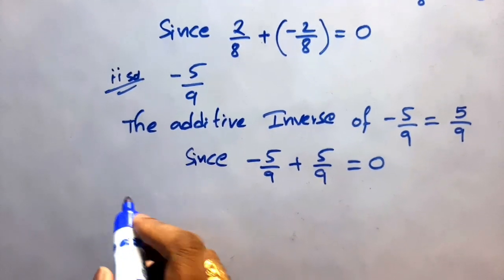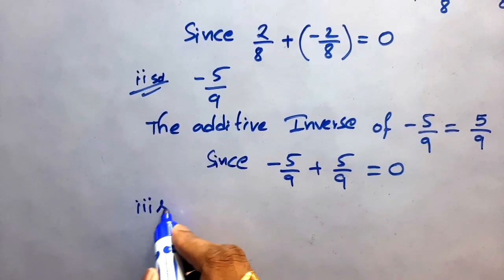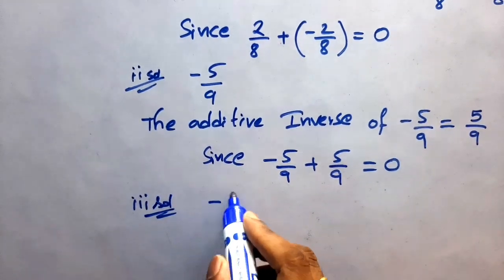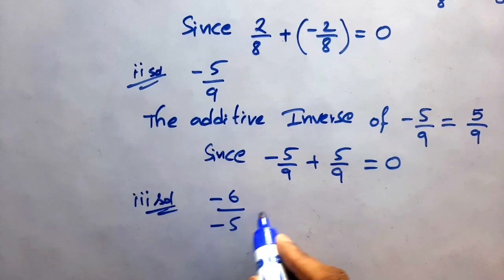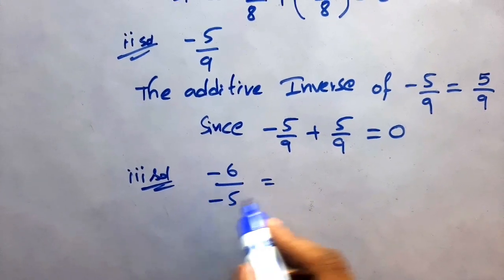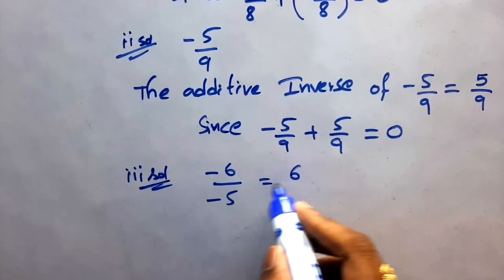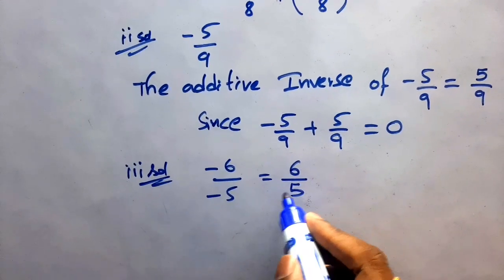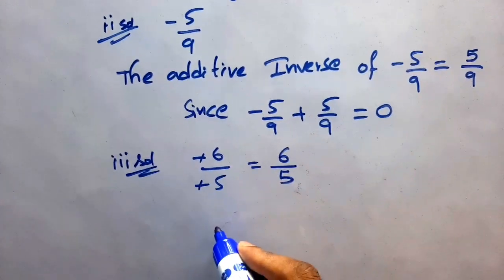Next, third one, see. Third one, minus 6 by minus 5. Here minus divided by minus gives plus. So that's why it becomes 6 by 5. Minus minus will be cancelled.